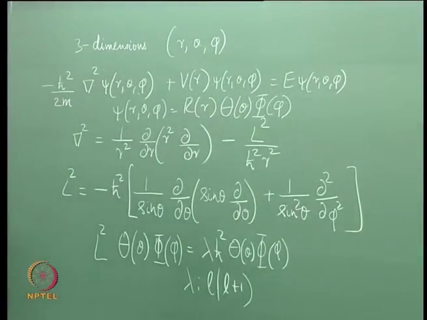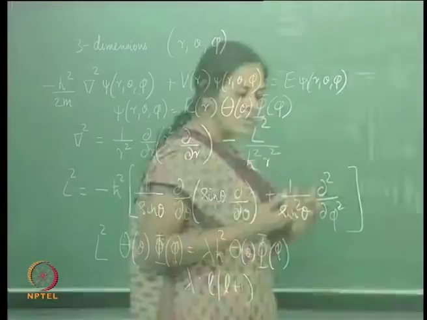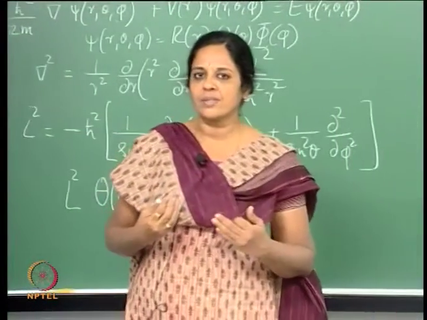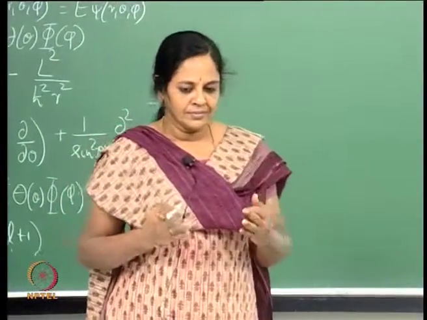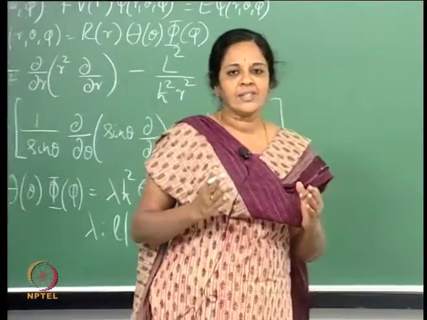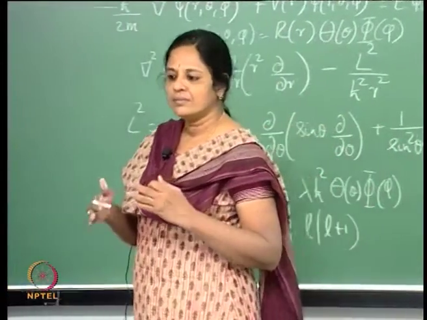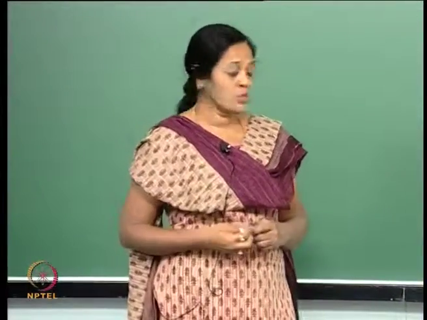The values of L, however, could get restricted compared to what we saw earlier in the case of the spin system, because in the case of the spin system, just from the angular momentum algebra, we realized that L could take values 0, half, 1, 3 by 2 and so on.